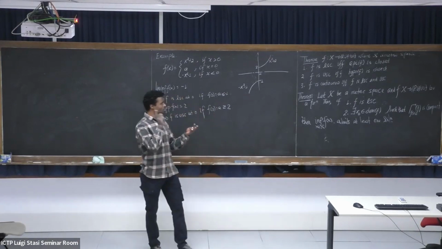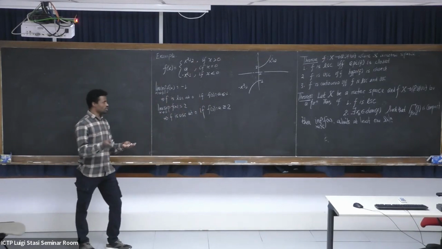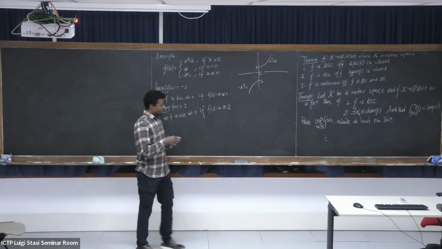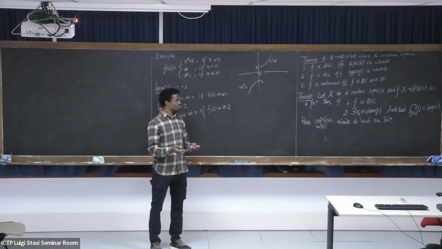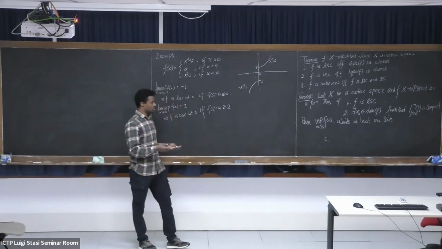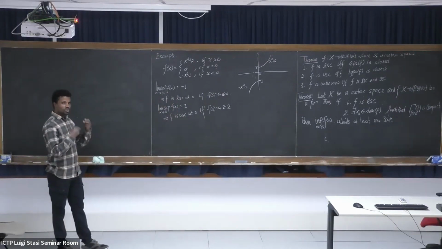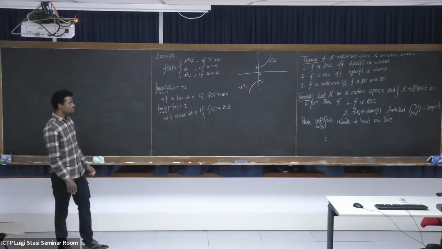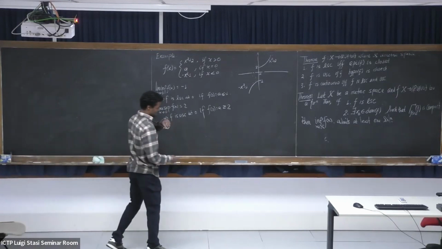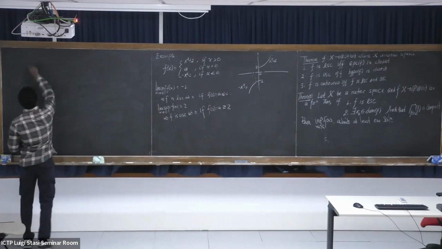The first one is under what conditions the optimization problem admits a solution. The second one is if the solution exists, what are the characteristics of the solutions? And the third one is if you have solutions, how do you compute them? So having this as an introduction, let me come to differentiability.